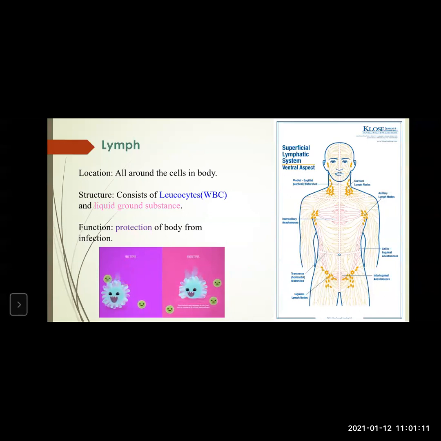See, this is a movable lymph and this is the fixed type where it is present at one position and it is catching the infecting agent and destroying it. So that is the function of lymph, protecting our body from any kind of infection.